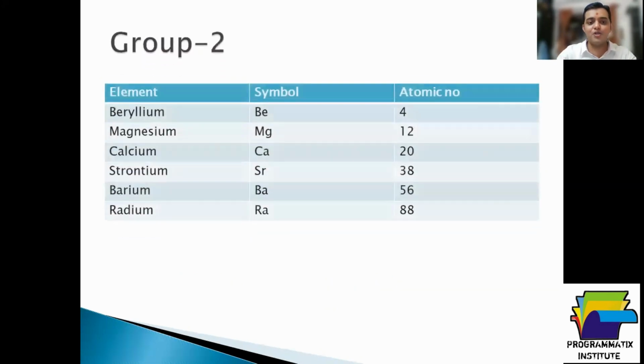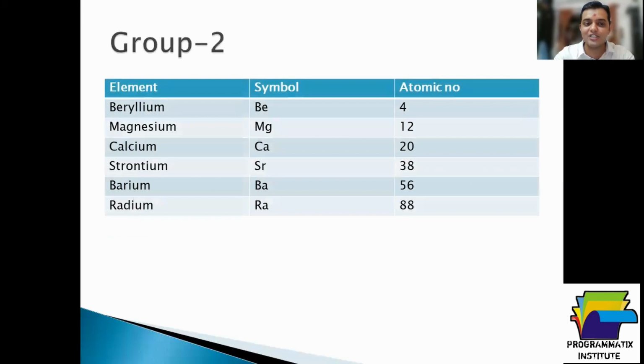Group 2 is, you all know, beryllium, magnesium, calcium, strontium, barium, and radium. You have to remember these elements along with the symbols. We all have learned this trick, this mnemonic, in our 10th standard.